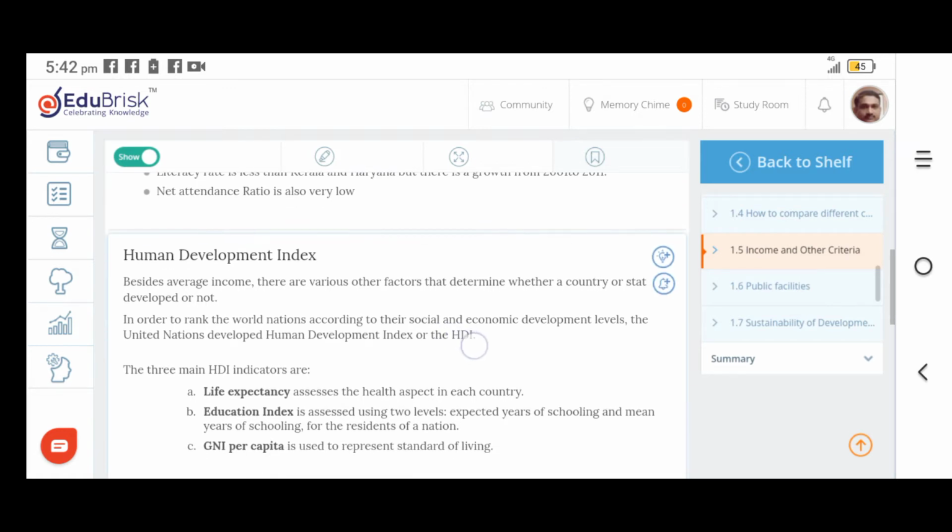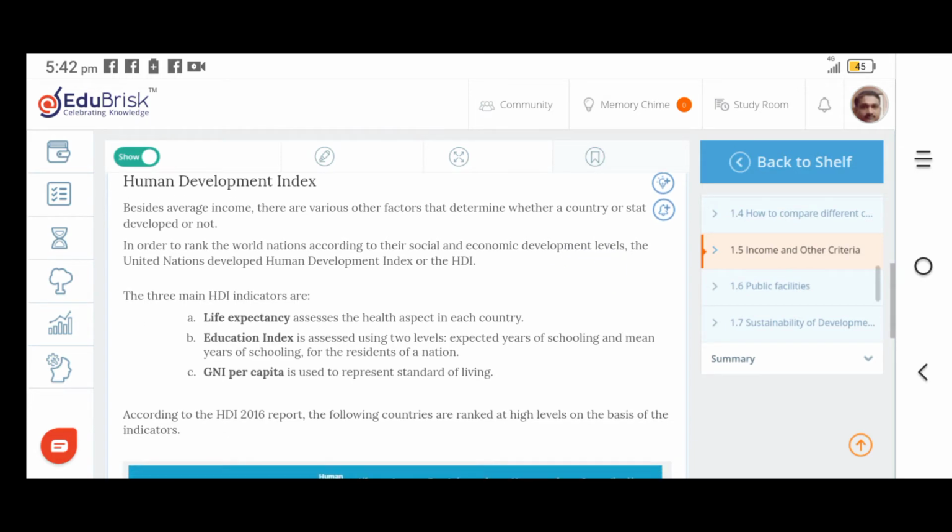So, in order to rank the world nations according to their social and economic development levels, the United Nations developed the Human Development Index, or the HDI.